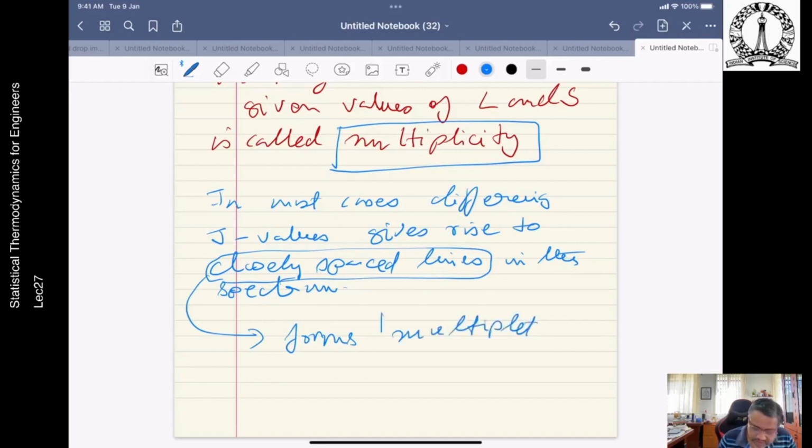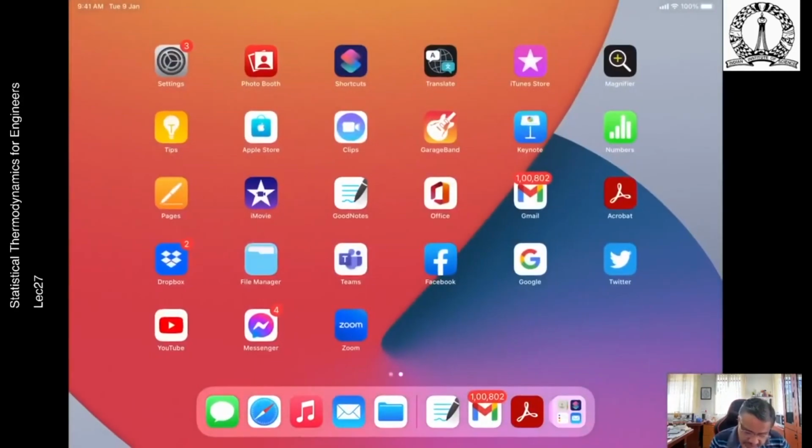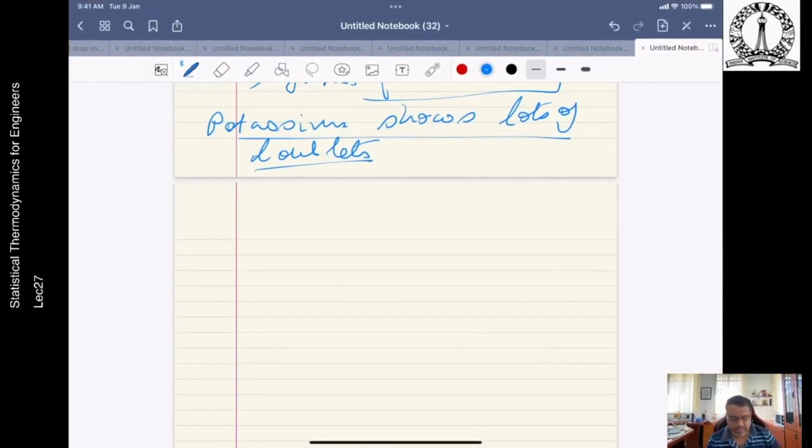Now you can understand that potassium shows lots of doublets. Similarly, there can be other atoms or molecules which show other kinds of multiplets as well. So this is the first thing that we have done.